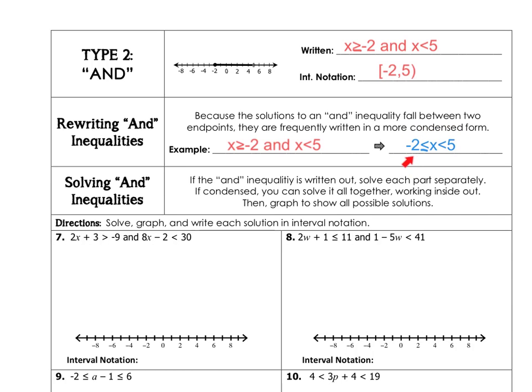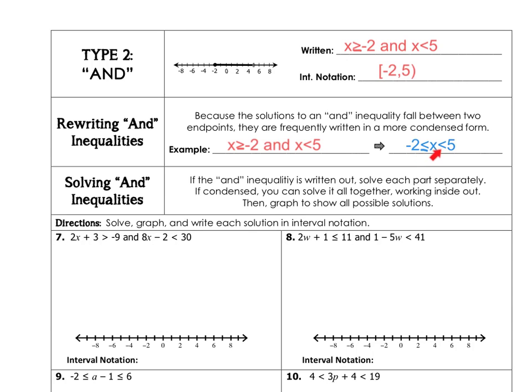So we always put the lower number on the left, the least number, which is -2. And since x is greater than or equal to -2, that means -2 is less than or equal to x. Because recognize that all of this dark area here are the values of x, and -2 is less than all of those values. So the lower number always goes on the left, and it's always going to be a less than or equal to.